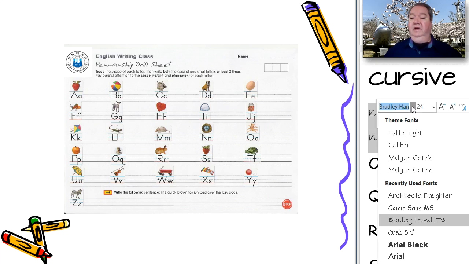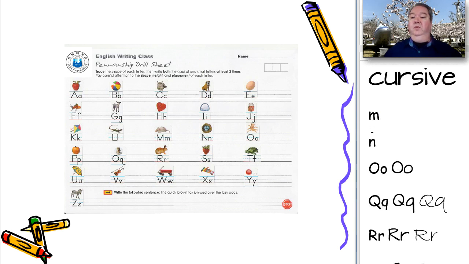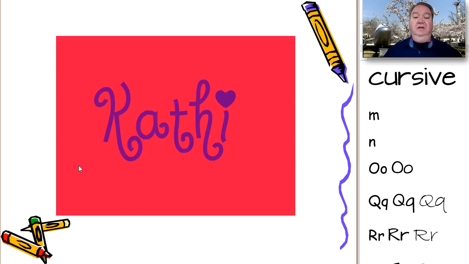I don't like that one. Make sure that you have the vertical line here and then 2 humps for the M, vertical line, 1 hump for the N. O, again, it's just the size difference. Be very aware of that. The little o is much smaller. P, make sure you have the tail.